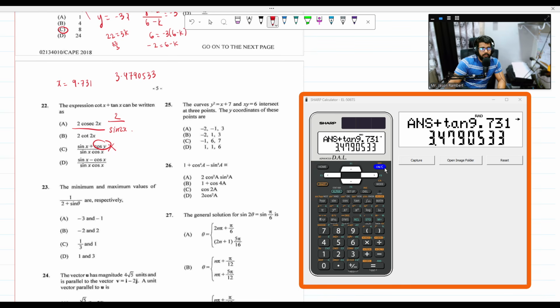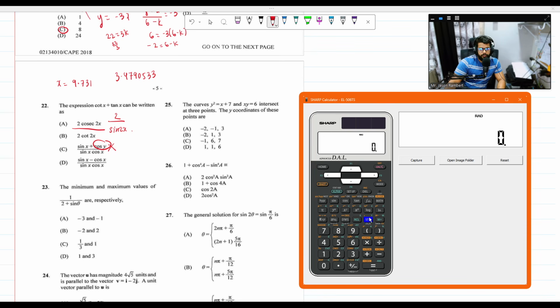Remember, x is 9.731. I'm going to do something my calculator allows me to do, and I believe everybody's calculator has this same function. I'm going to store this value as a. So I'm going to say sine a minus cos a, that's my numerator, divided by sine a cos a.